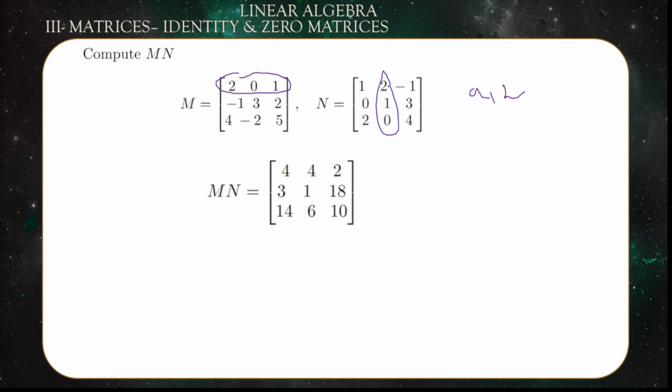First row, second column, correct? Is equal to 2 times 2, which is 4, plus 0 times 1, plus 1 times 0, which is 0. So this is equal to 4, okay? Sitting at the first row, second column.